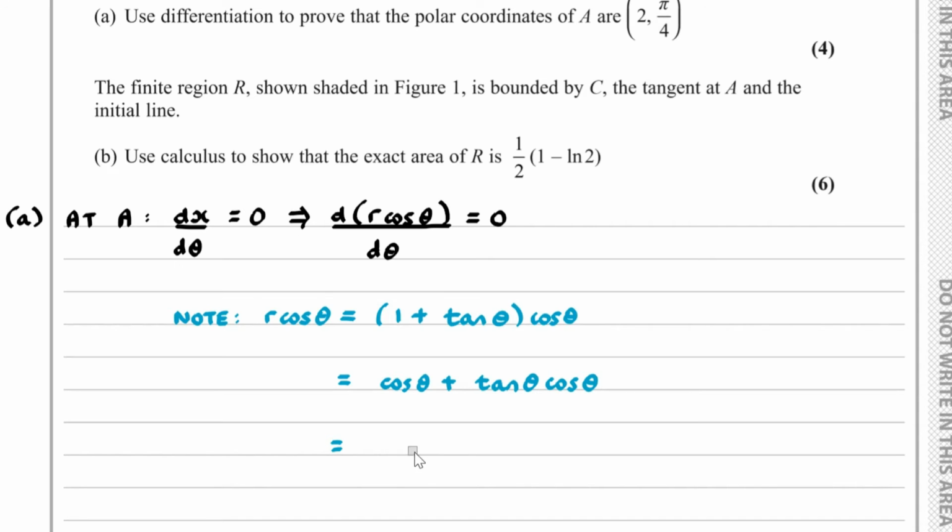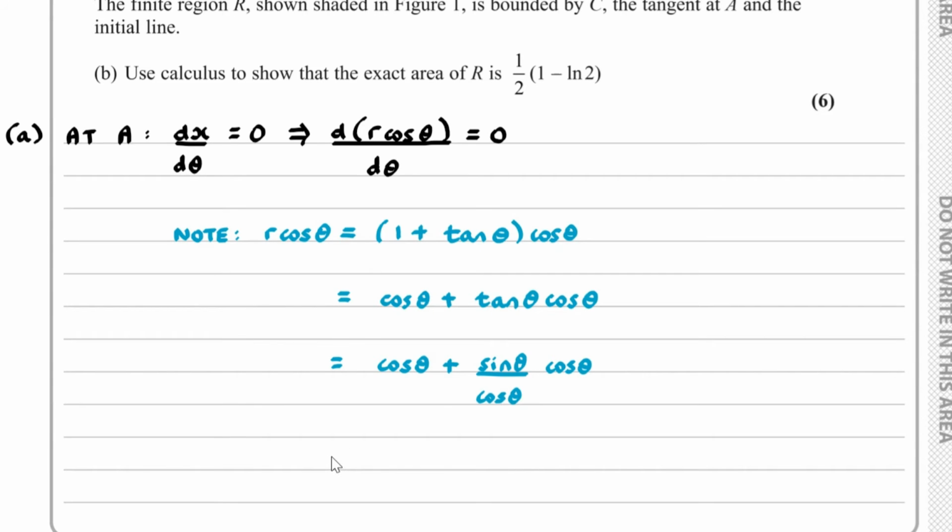So we've got cos theta plus sin theta over cos theta times by cos theta, which is the same as cos theta plus sin theta.